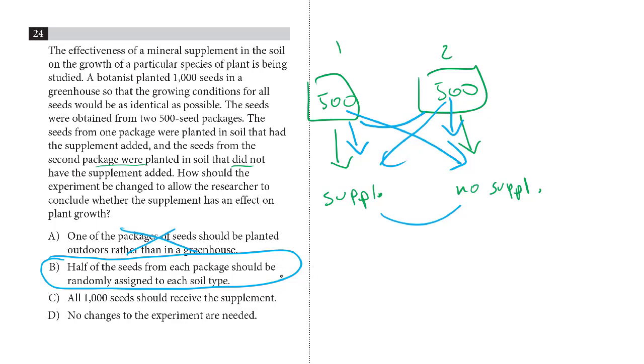That would be the correct experimental design. All 1,000 seeds receiving the supplement defeats the purpose of the experiment. I want to see supplement versus no supplement. No changes to the experiment? Well, as we discussed, changes are needed. The correct answer for 24 is B.